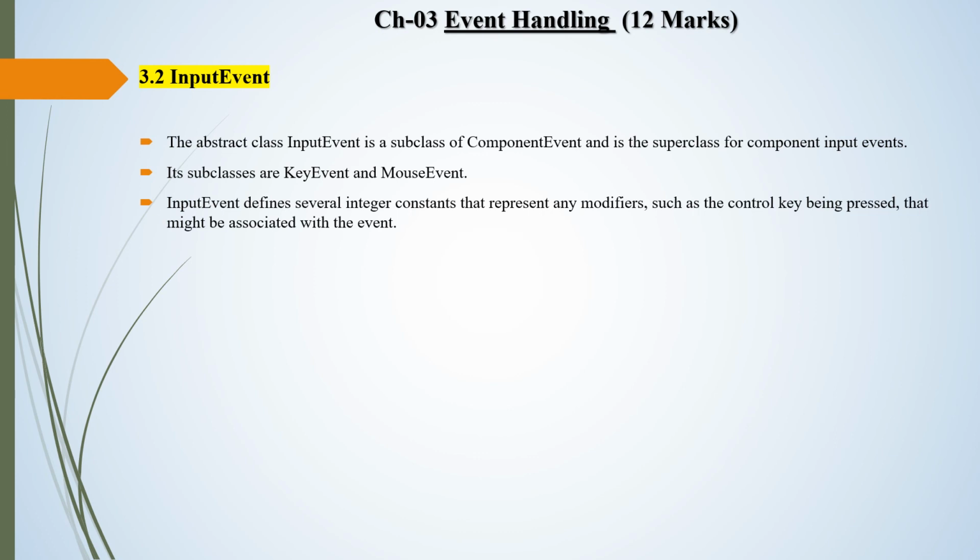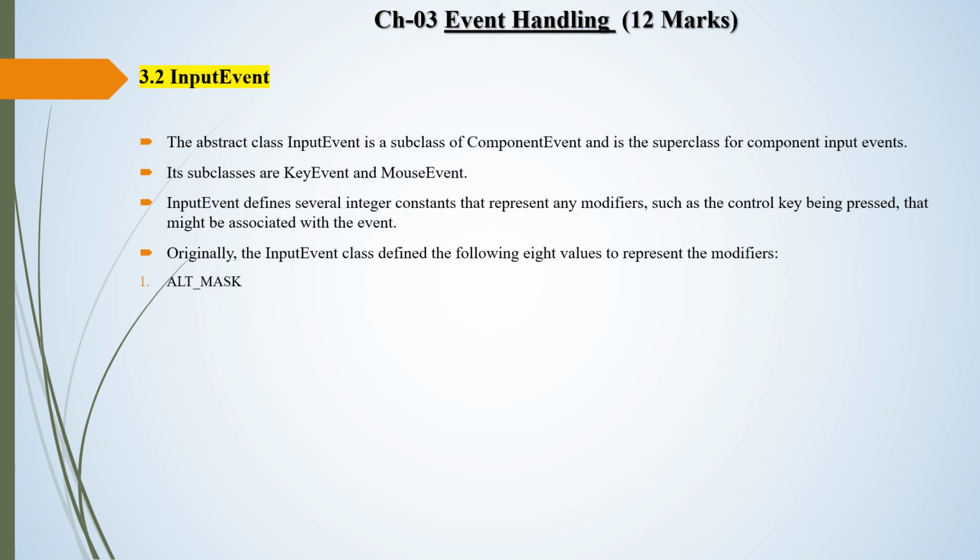InputEvent defines several integer constants that represent any modifiers, such as the control key being pressed, that might be associated with the event. Originally, the input event class defined the following 8 values to represent the modifiers. So there are 8 modifier keys. First is ALT_MASK.